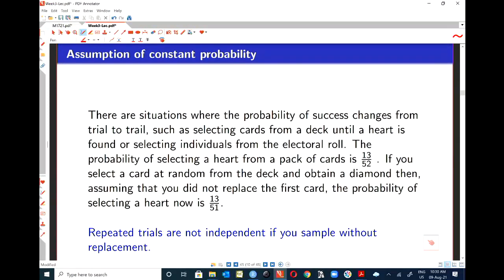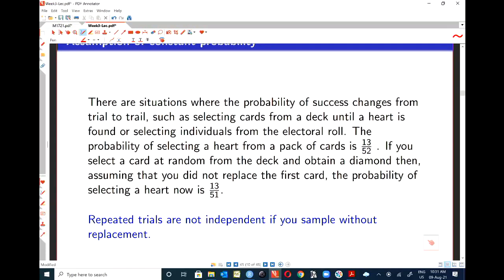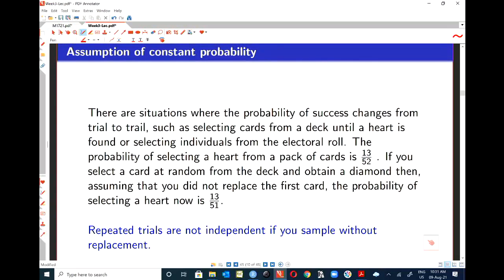Now, we do have this assumption of constant probability with the Bernoulli trials. If I have a certain number of Bernoulli trials, I'm assuming the trials themselves are independent and the probability of success isn't changed. Now, that might not be the case in many situations. Like if I'm taking a look at a deck of cards and I pick a heart, the probability of the next heart is changed already.